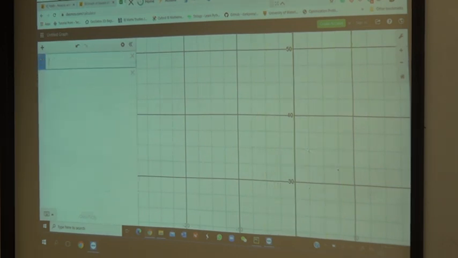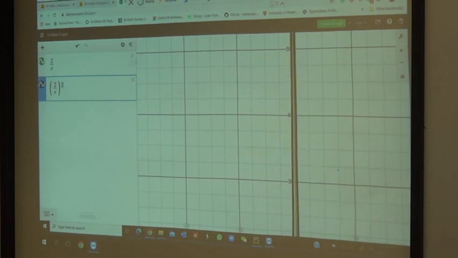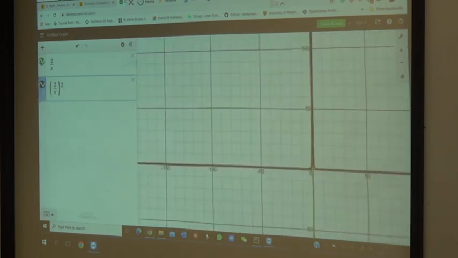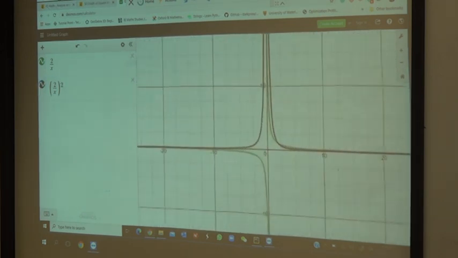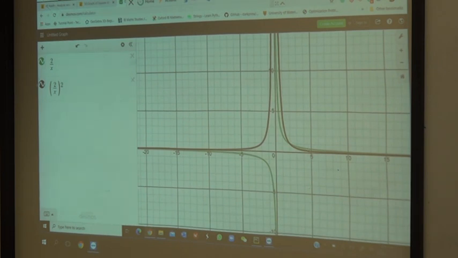It's similar to what we've been doing anyway. Then let's look at the square of that, 2 divided by x squared. We're going to plot x equals 0 as the asymptote, right? So I'm going to include that in the rational function, and we're just going to use the dotted line to denote that.